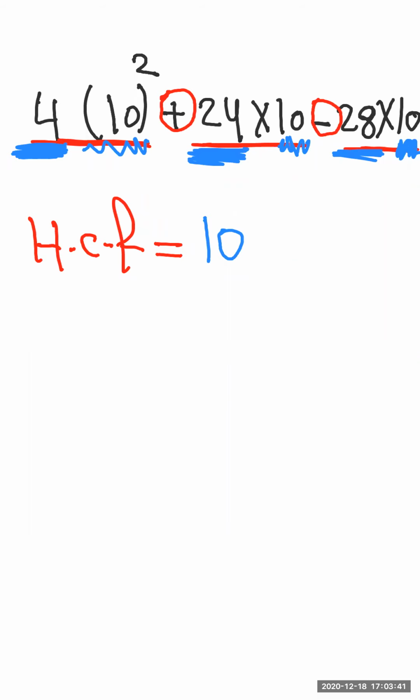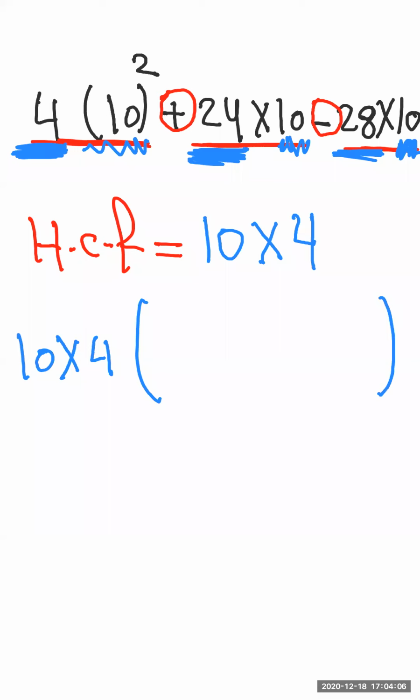Yes, of course. These 3 numbers are divisible by 4: 4, 24 and 28. So the highest common factor will be 10 times 4. The next step, write down the highest common factor, 10 times 4, then the brackets. What will be the remaining from the first term?